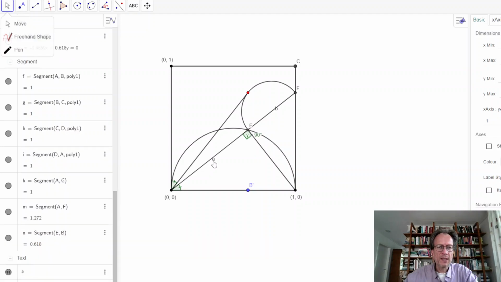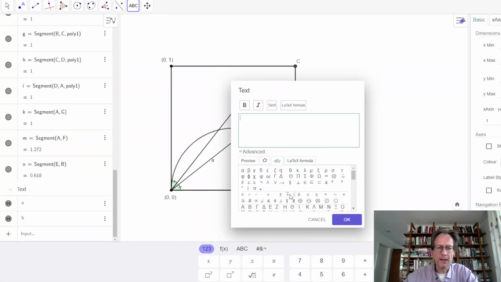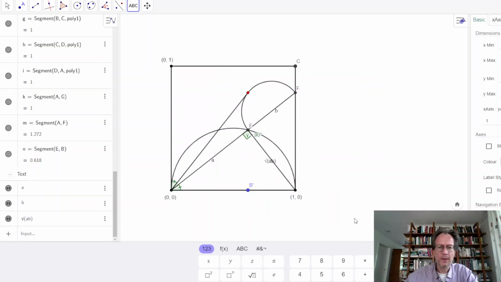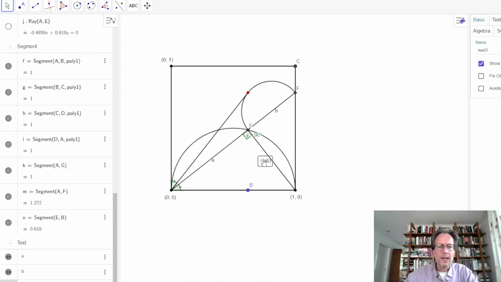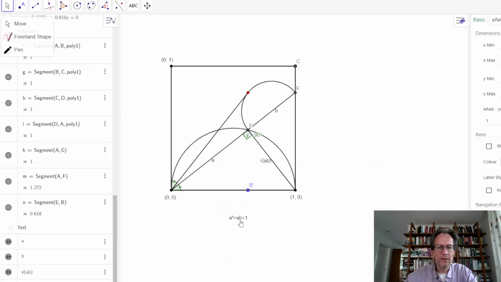Then from the similarity of this right triangle and this right triangle, we know that this line segment must have length square root of ab. Now we're going to apply Pythagoras in this right triangle, and that implies that a squared plus ab equals 1. The side length is 1.